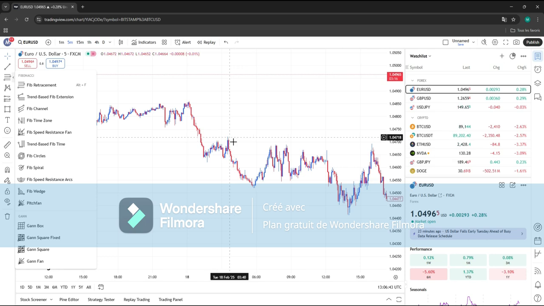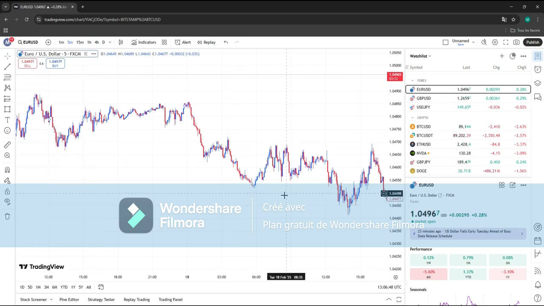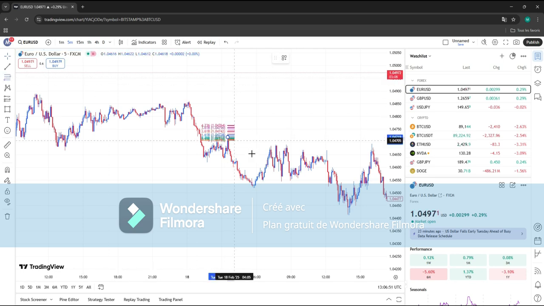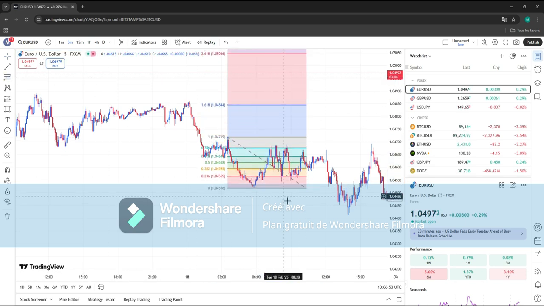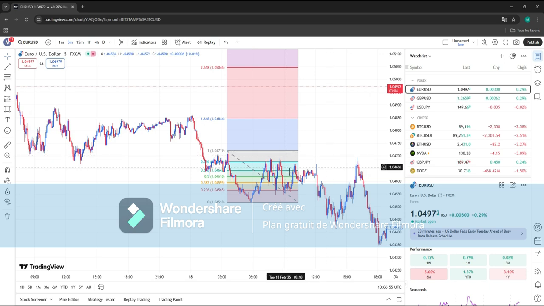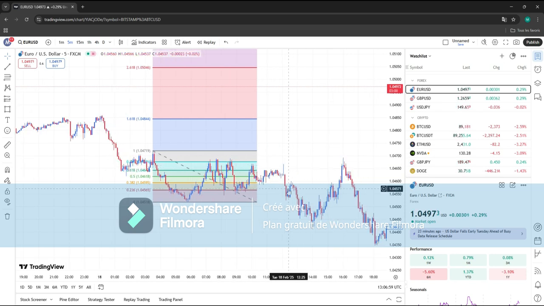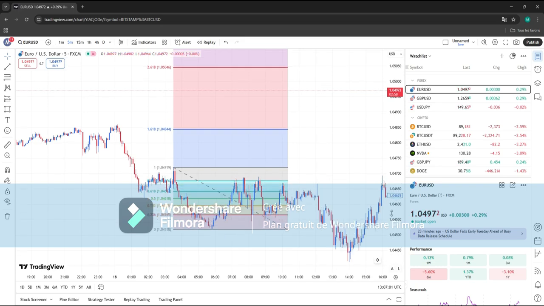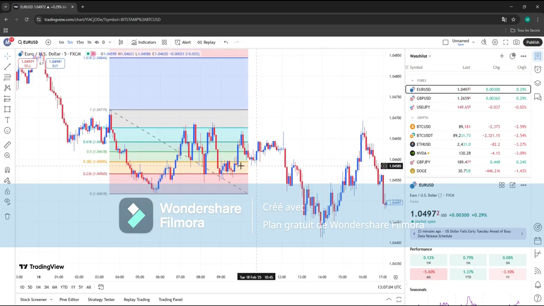I have right here, let's look from the higher to the lower of the structure. We have this golden zone, touched three times, a 3 tap right here, and with this 3 tap we have a very bearish trend.